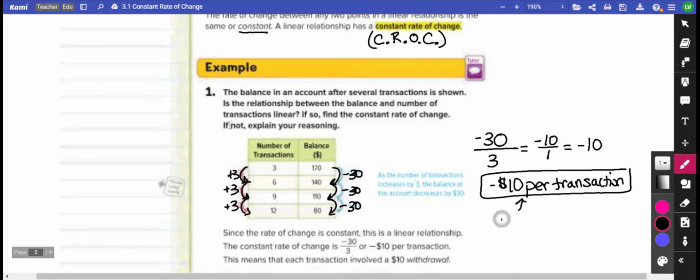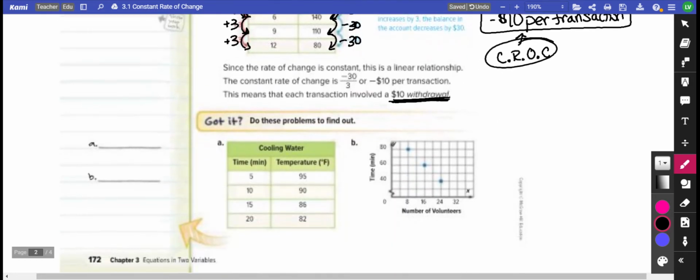So this is your constant rate of change. This is where the abbreviation comes in. So essentially what that means is each time you have a transaction, you are making a withdrawal of $10. That's the same thing as saying negative $10 per transaction. It is a $10 withdrawal. Got it? Let's do these problems to find out.